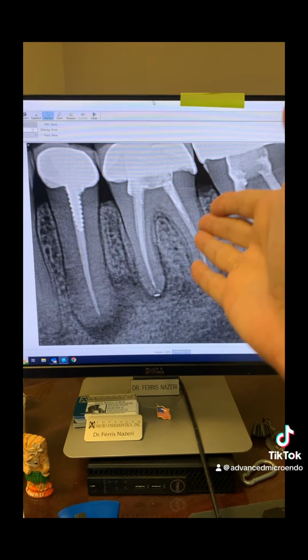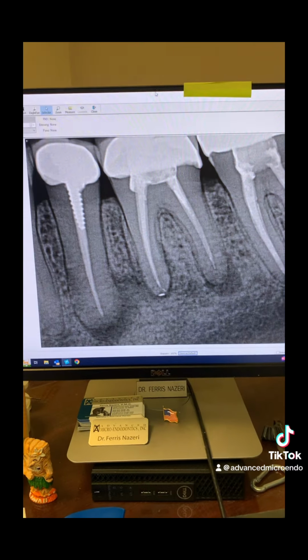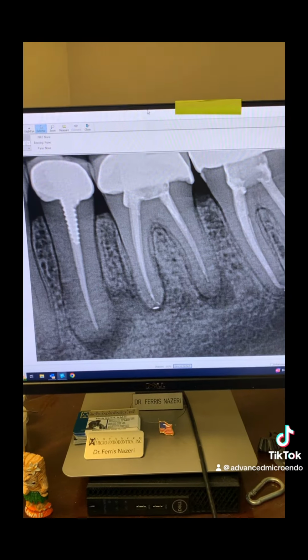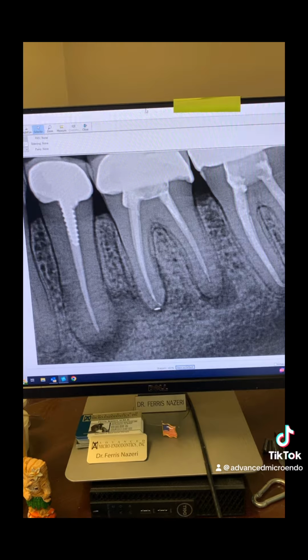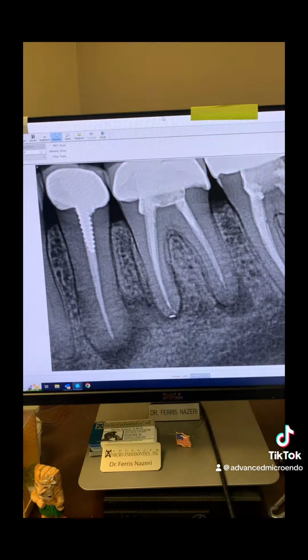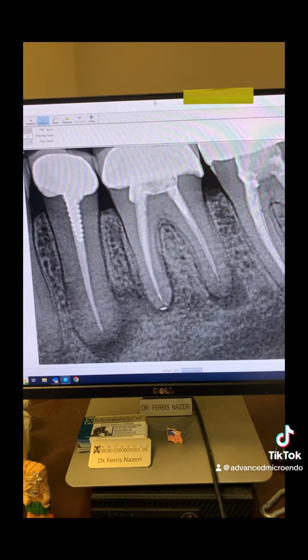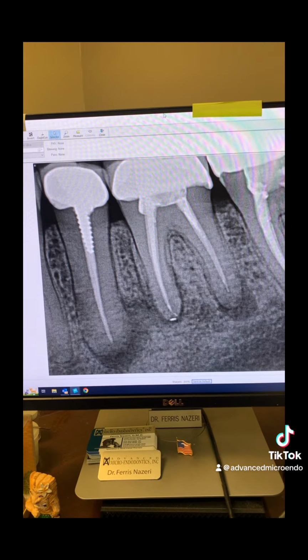This patient was referred to me for teeth number 19 and 20. According to the patient, these root canals were done about 3 years ago by her previous dentist. A few months ago, she noticed that when she tried to chew on the left side, she couldn't. So she went and saw the same dentist, but unfortunately that dentist passed away.